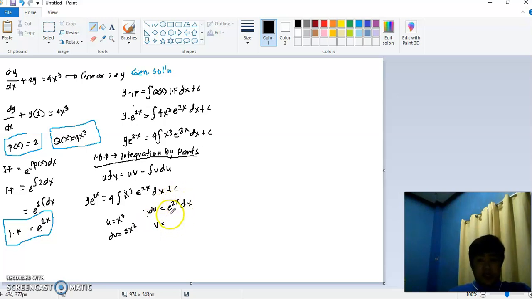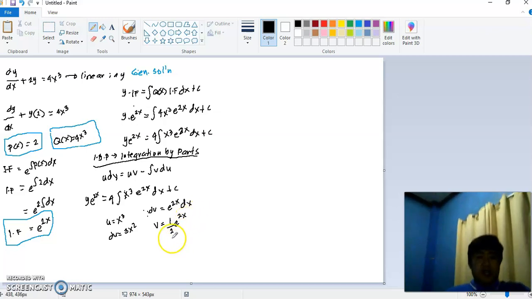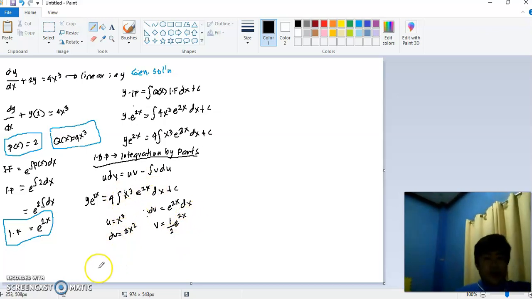So let's go directly. Because it's already dv, to make it into v, you need to integrate this one. Integrating that is 1 over the power, then copy it. So that's how you integrate this one. Now just substitute.